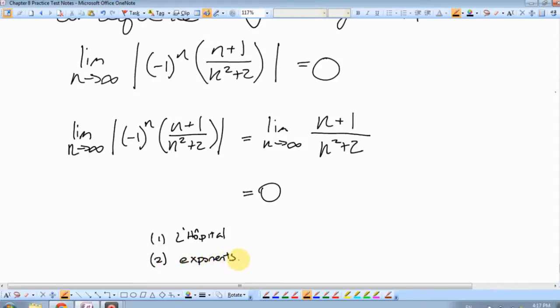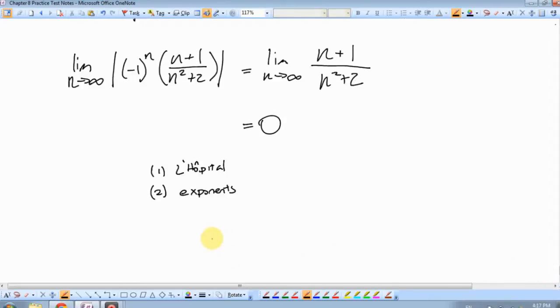Another way: we don't ever directly substitute infinity, but we can look at the lead terms. So that'd be n over n squared, which simplifies to 1 over n. 1 over n goes to 0. Either way, we know that this goes to 0.